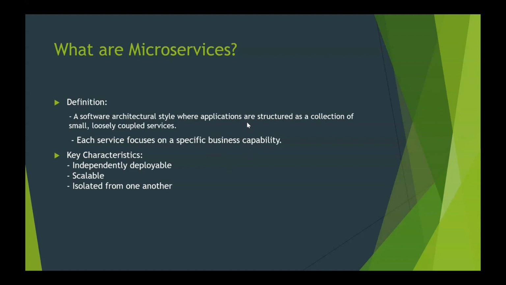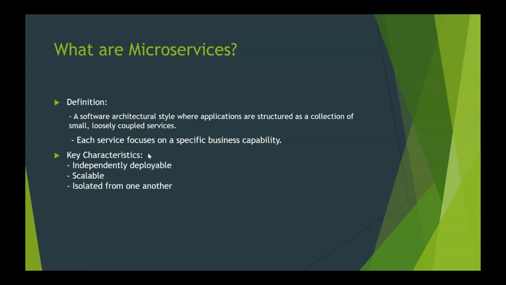Basically, you can divide the application into different parts and develop them separately as microservices. So there will be a small part of the application and they will be loosely coupled, so that whenever you create one service, there is no dependency of that microservice on another one.